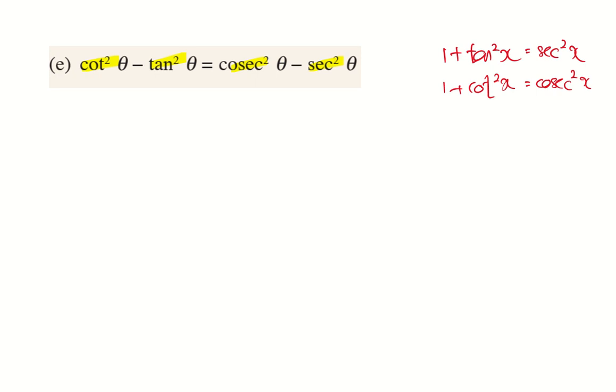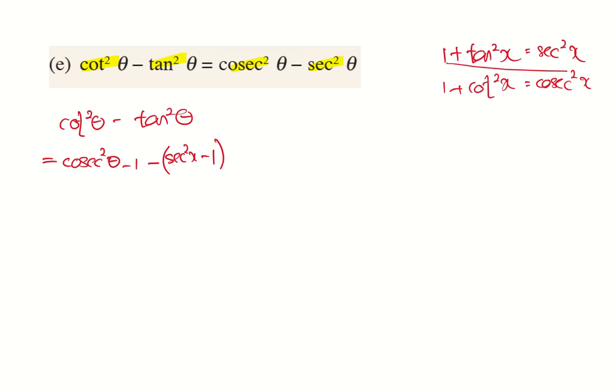Should I start from the left hand side? Yeah, let's try from the left hand side. Cotangent square is cosecant square theta minus 1, and then minus tangent square. Tangent square is secant square x minus 1.